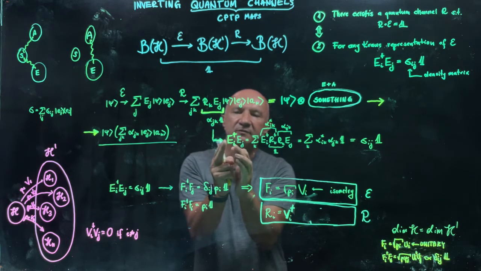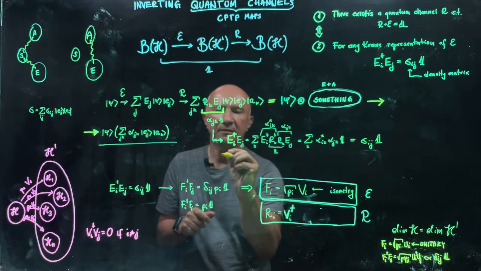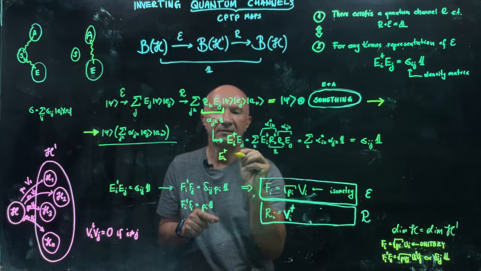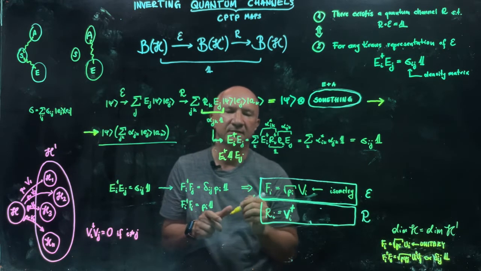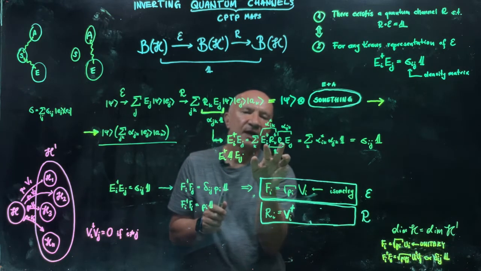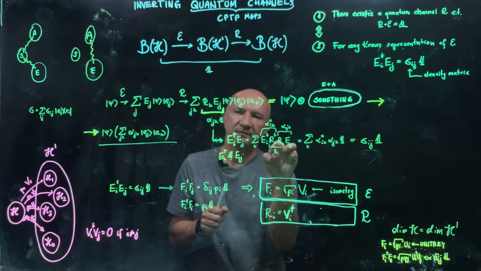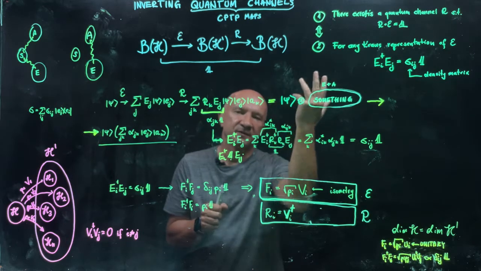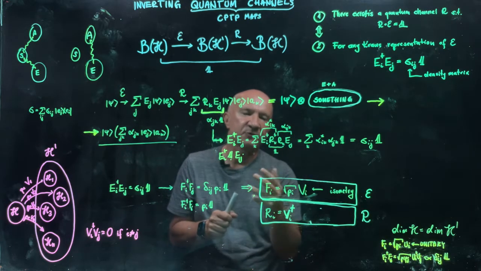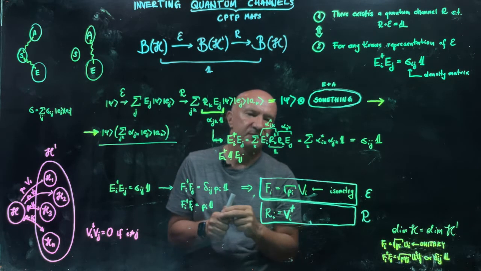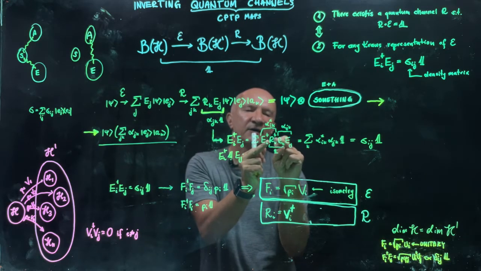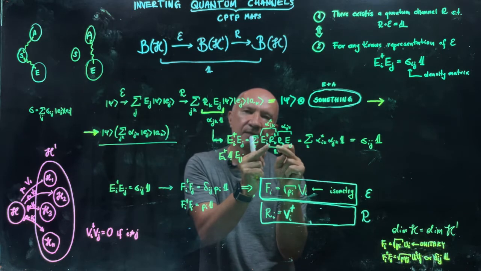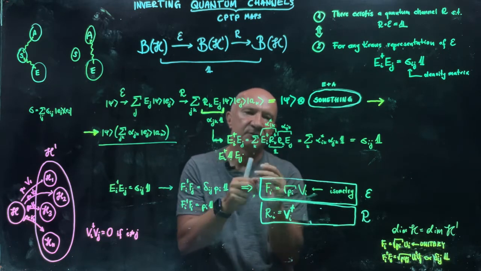So now I'm going to sandwich the identity between Ei dagger and Ej. And then I use the fact that R is a completely positive trace preserving operation, and if it is trace preserving, then the sum of Rk dagger and Rk over all k is equal to the identity.